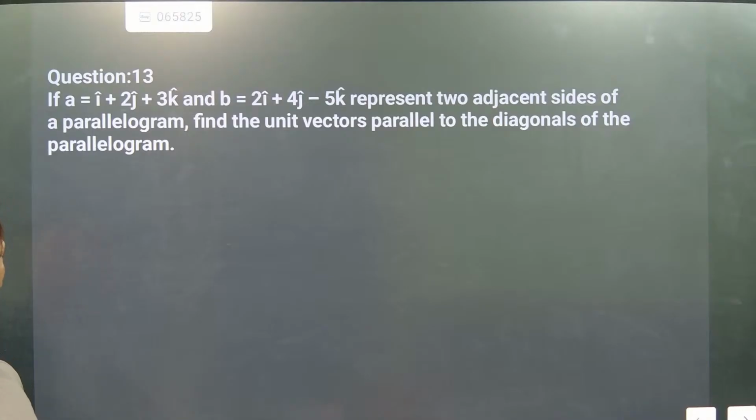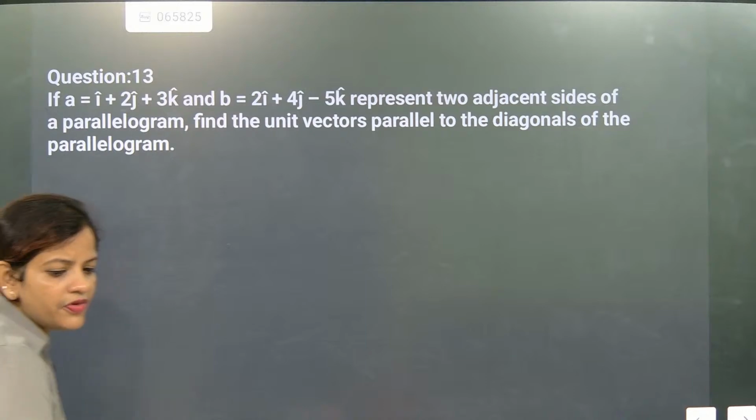A vector is given as this much, B vector is given as this much, representing two adjacent sides of a parallelogram. Find the unit vector parallel to the diagonal of the parallelogram. This is seriously a very good question.